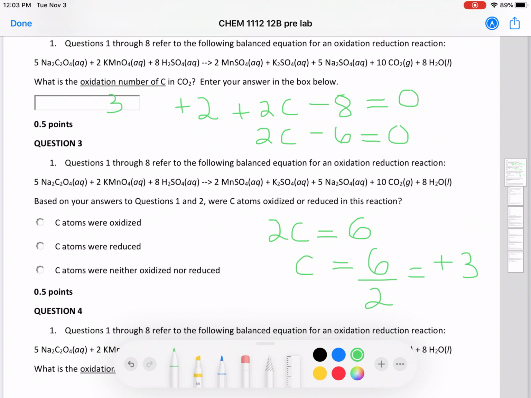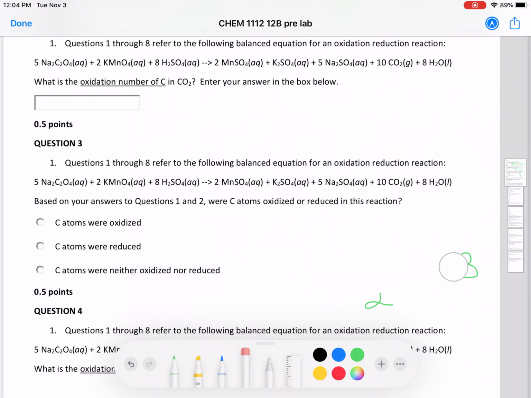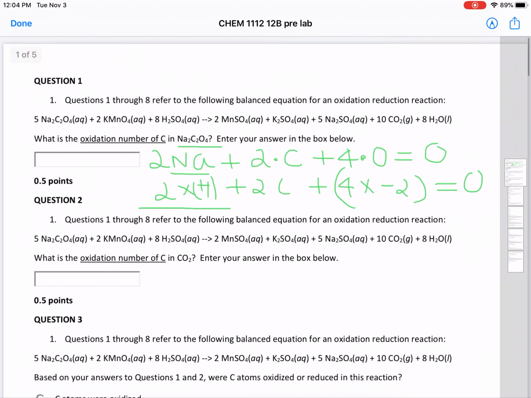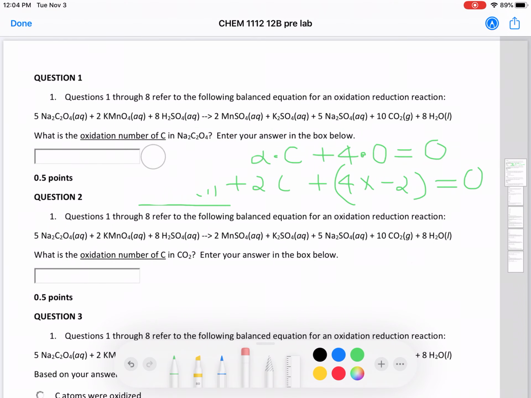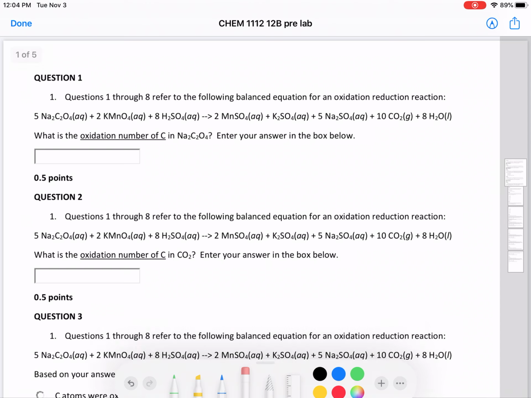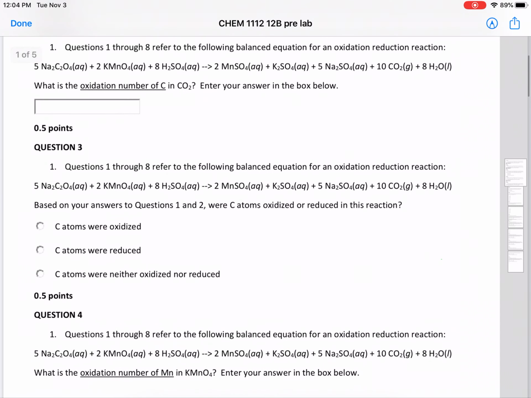We were doing question number 1, right? I entered it in question number 2, but you can go back and enter it in the appropriate place, question number 1. Okay, and then for the second one you follow the same way. Now this one is asking what is the oxidation number of carbon in carbon dioxide.